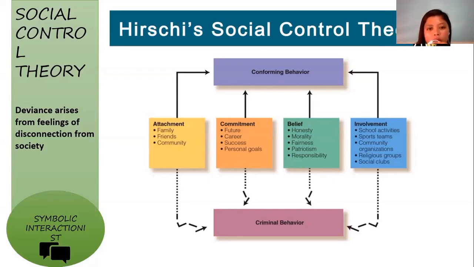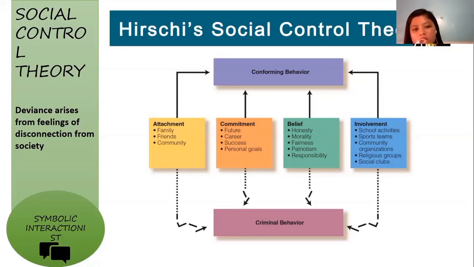If these four factors are connected to each other and very strong in an individual or in a family or in a community, then people will not conform to criminal behavior. As you can see, these lines that point to criminal behavior are disconnected.